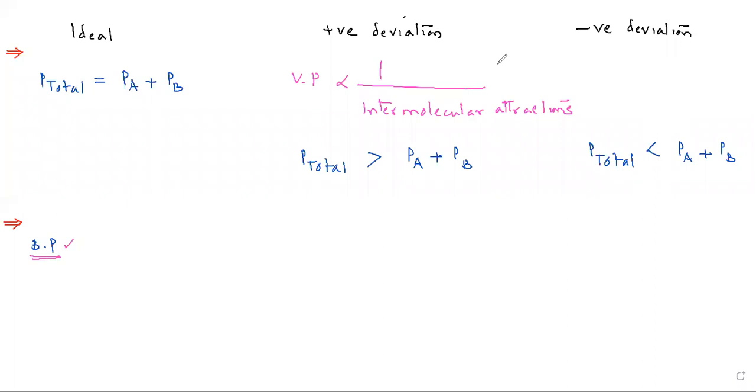But in case of positive and negative deviations, see, in case of positive deviation, because P total is more, the boiling point, see, because vapor pressure and boiling point are inversely related, we can say, because the vapor pressure is increased, boiling point decreases.